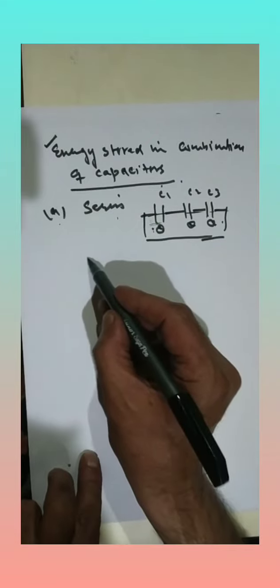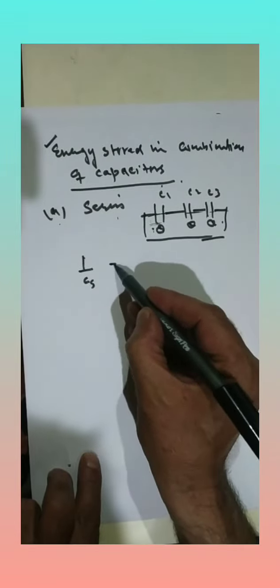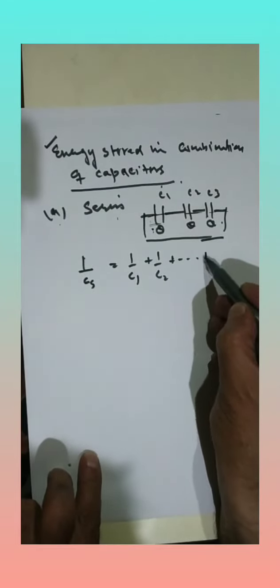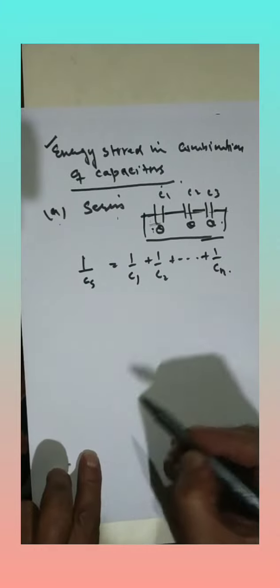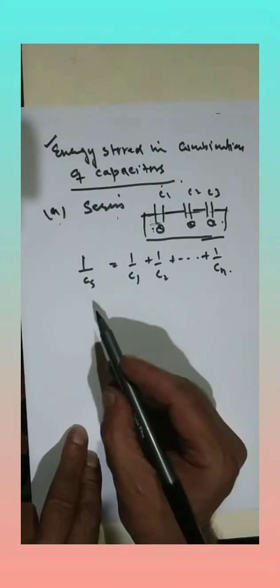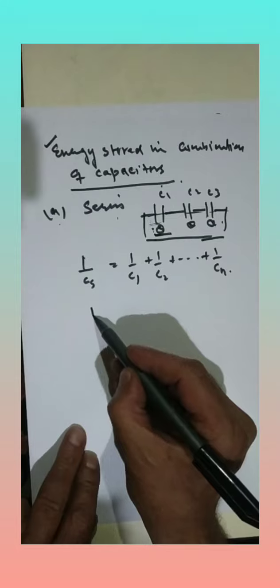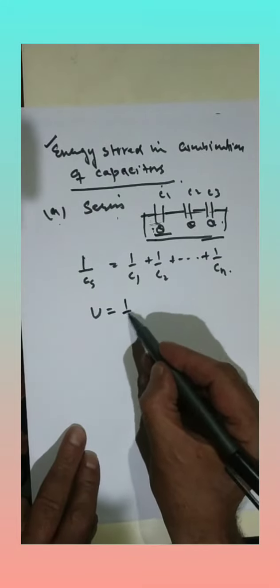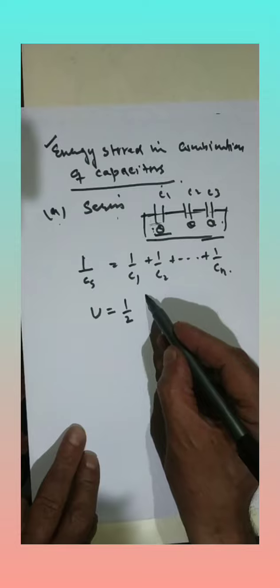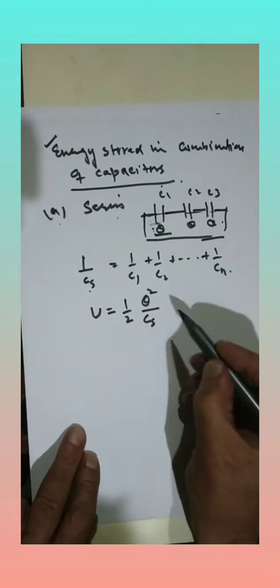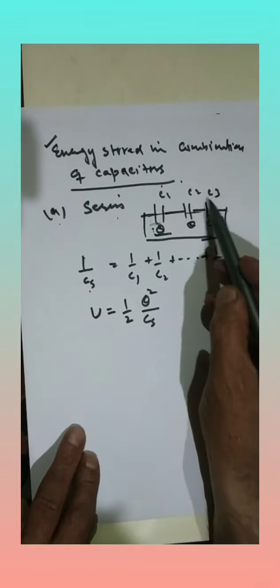Okay. Now, we know that in a series combination, total capacitance Cs is given by 1 by Cs equal to 1 by C1 plus 1 by C2, and so on, for n capacitors up to 1 by Cn. Now, since the charge is Q, we know that energy stored will be U equal to 1 by 2 Q square by C. Here we are writing C as the total capacitance of this combination.